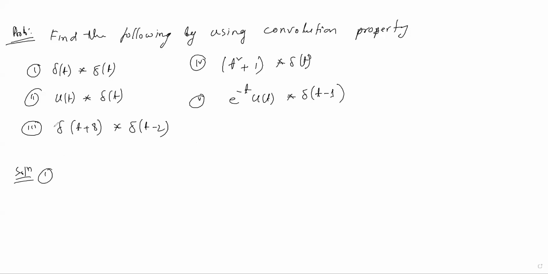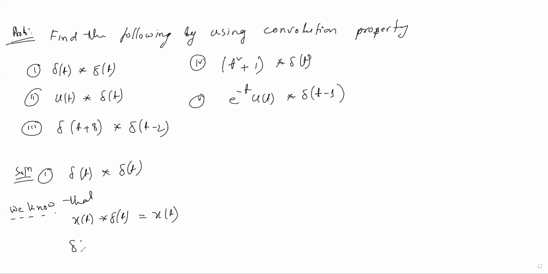Solution: you already know the first one. Let me solve it, delta t convolution delta t. We know the first property from the delta convolution. Any signal x of t, if you convolve it with delta t, we get x of t only.